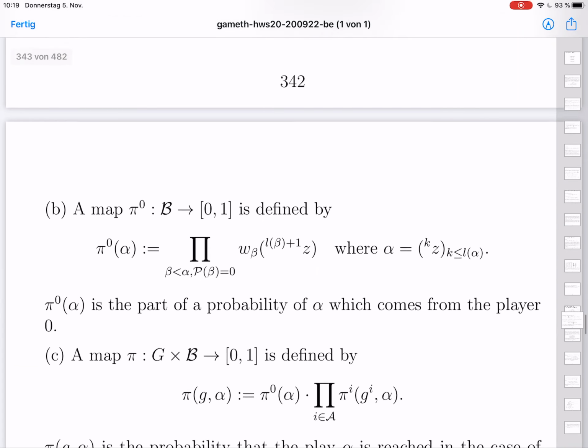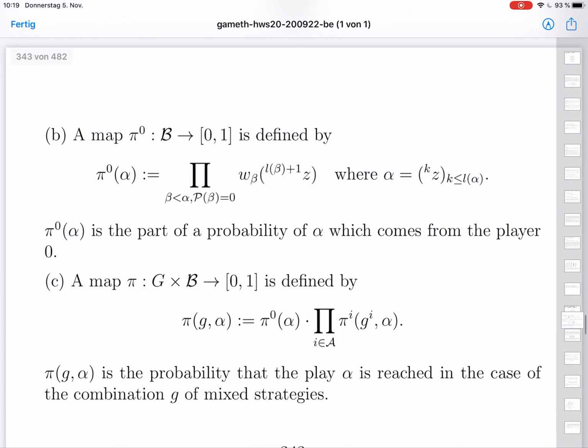Now for the player nature, for the player 0, we have already some probability distribution for each play where it's the turn of player 0 to do something. We have a probability distribution W of alpha on the possible moves after this play alpha.